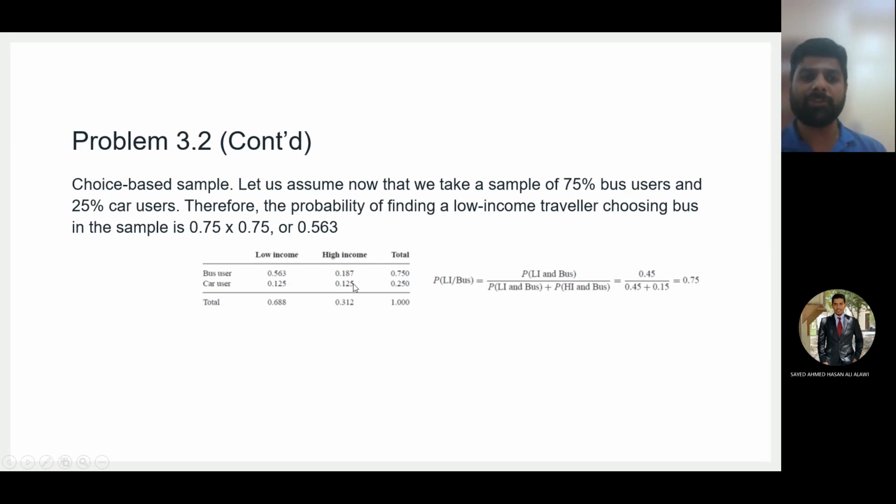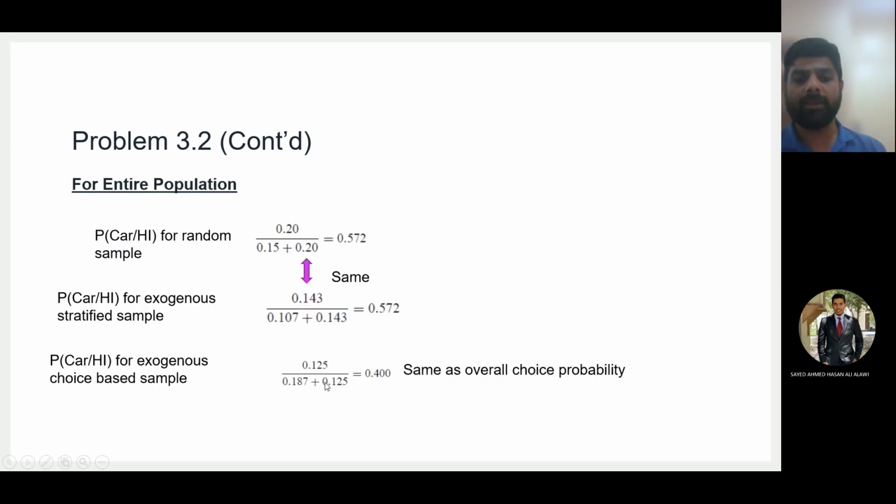So, in the choice-based stratification sample, there's a 12.5% possibility that a car user will belong to the high income group. Okay, and the total possibility for the high income group is 0.312. Now, if you take the ratio of that, then you get 0.4.